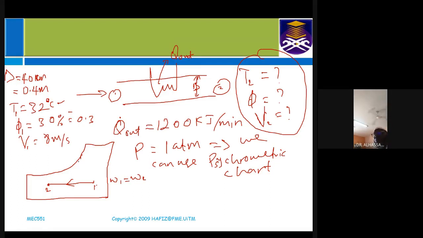Then if we are able to determine also, with the aid of this Q out, we can find the enthalpy at state 2. Okay? So we can find H2. If we are able to determine H2 with these two pieces of information, we can determine all other properties. Okay? So first thing is to find omega 2.